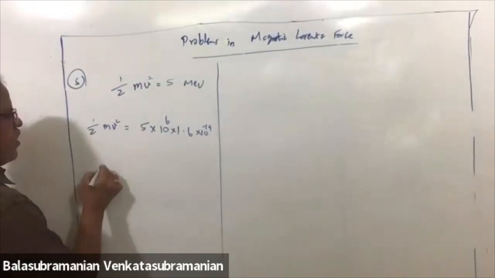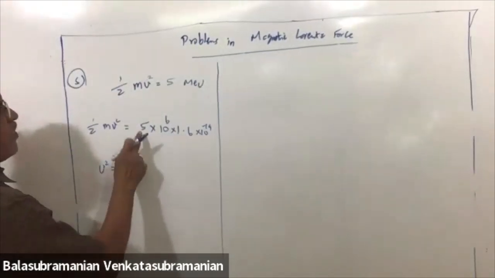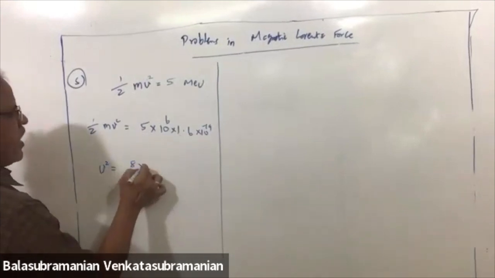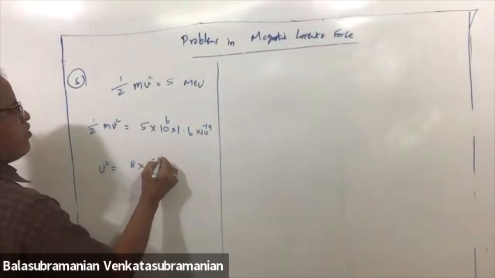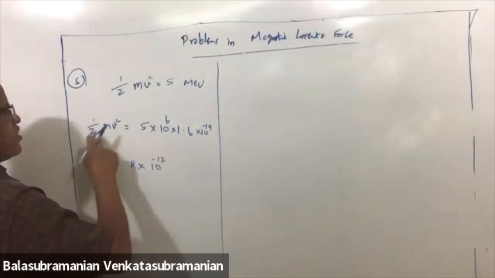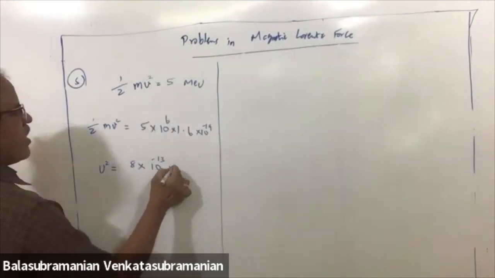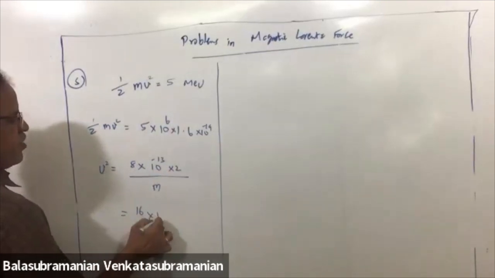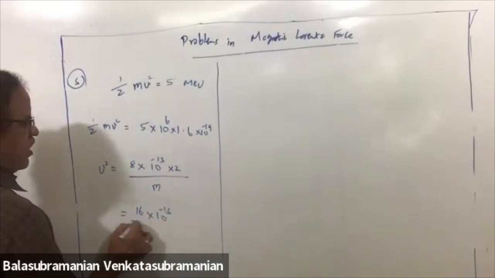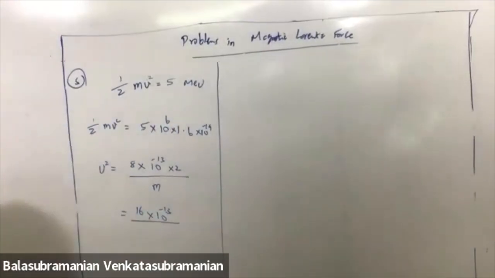So V square is equal to 5 into 1.668 into 10 power 6, 10 power minus 19, 10 power minus 13. These two also will go that side by M. 16 into 10 power minus 13 by mass. Mass of proton.